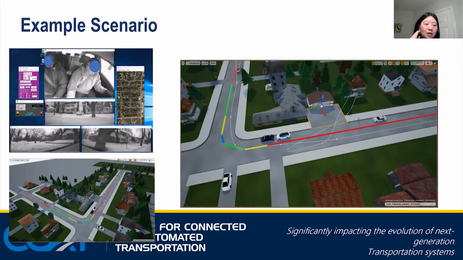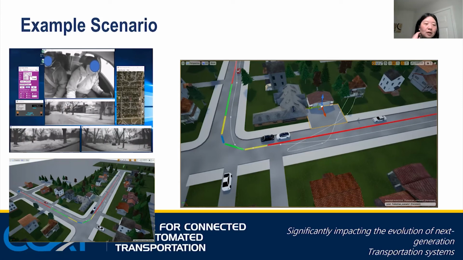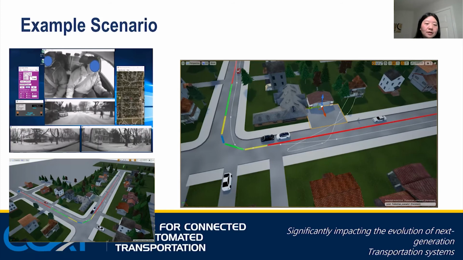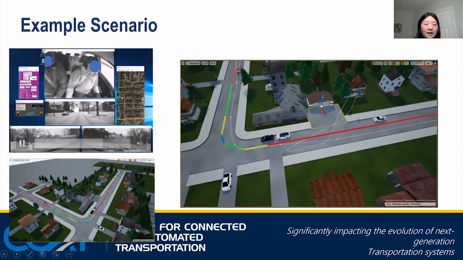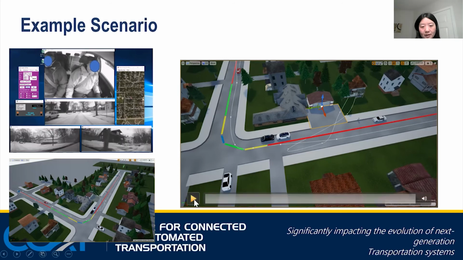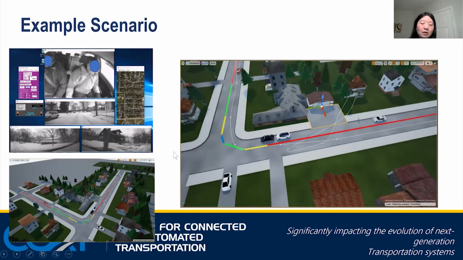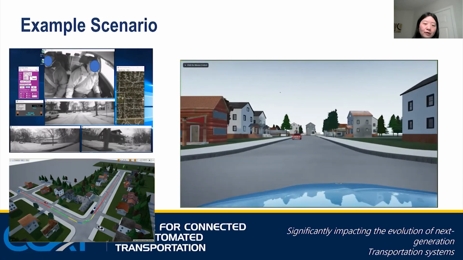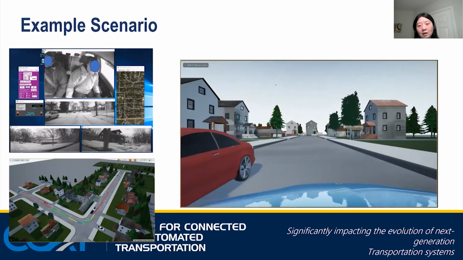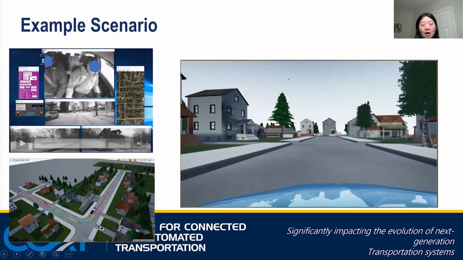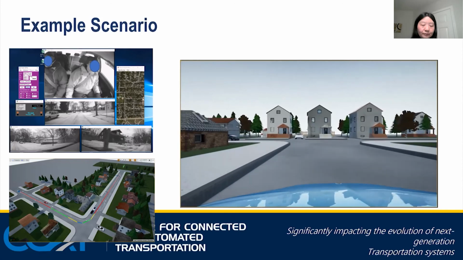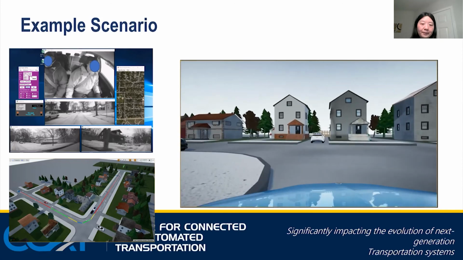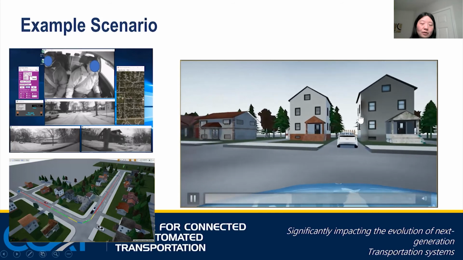Then the pedestrian was walking, not using the crosswalks. This is not really challenging, but I just want to demonstrate how we are simulating real-world cases using software in the virtual environment. This is one scenario representing what you just saw from the naturalistic real-world driving data, where the pedestrian was jaywalking.